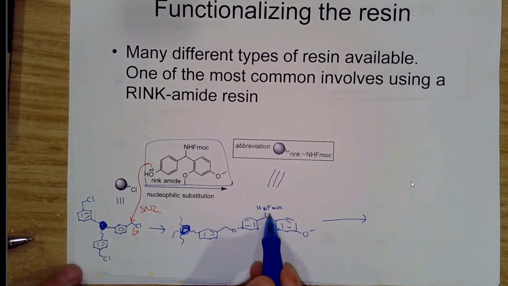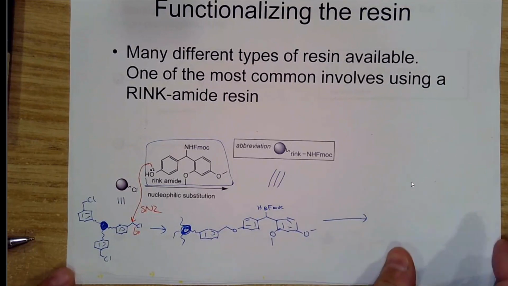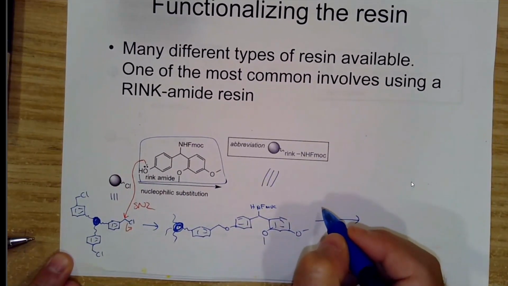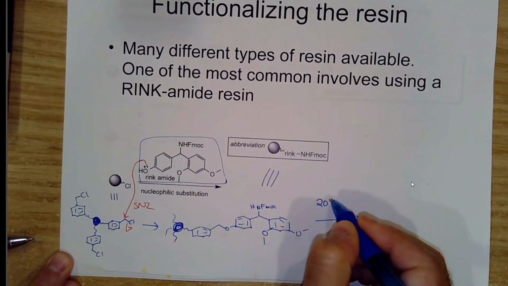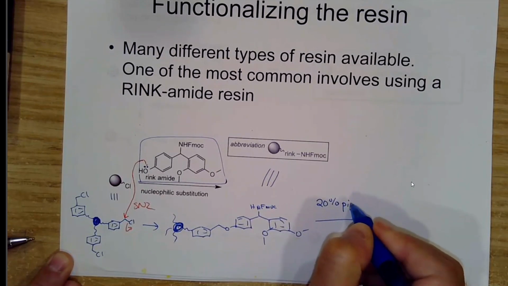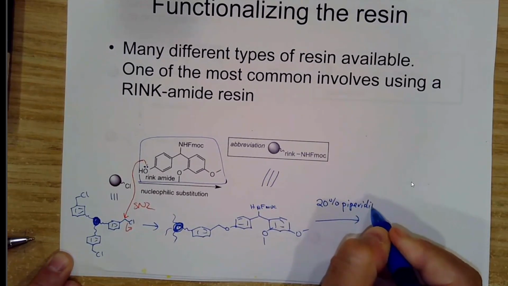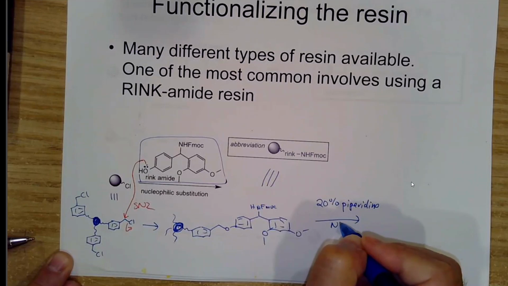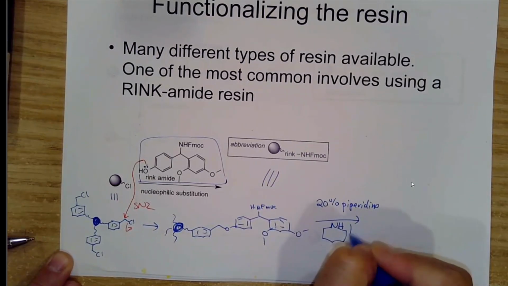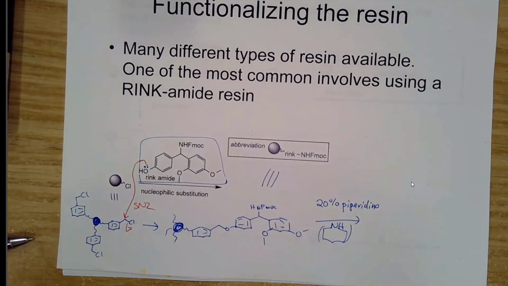So you know how to remove Fmoc, right? We've talked about that in the protecting group unit. So to remove Fmoc, you use 20% piperidine, right, which is this structure here. So usually it's 20% piperidine in solvent, so that could be dichloromethane or DMF.